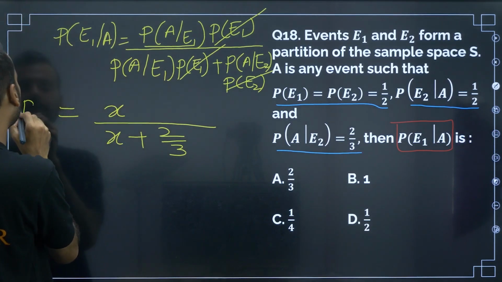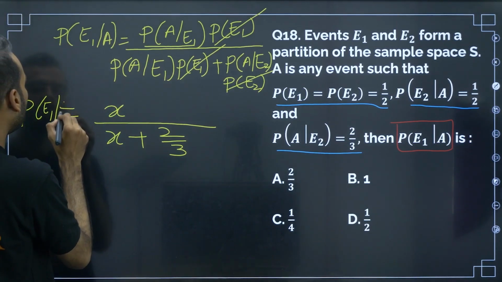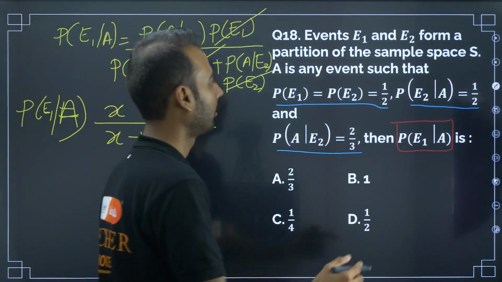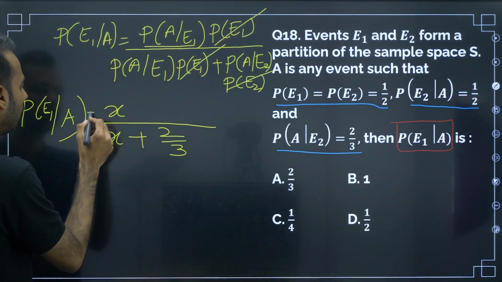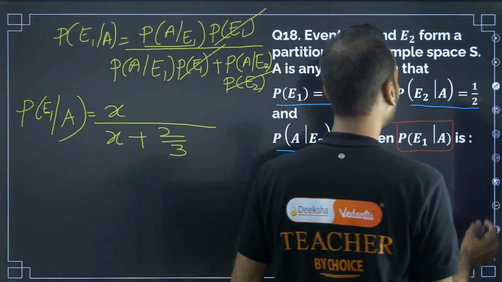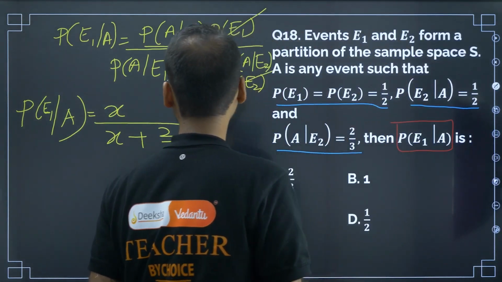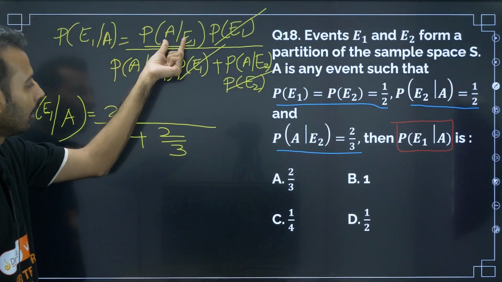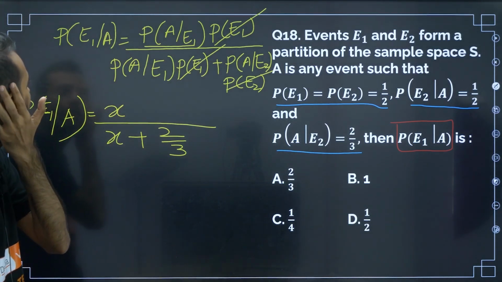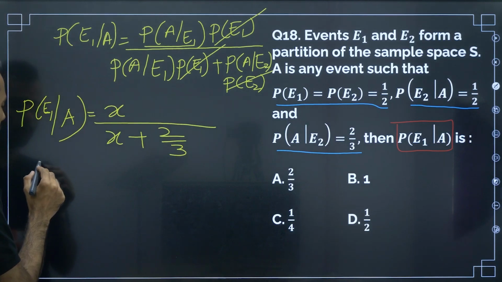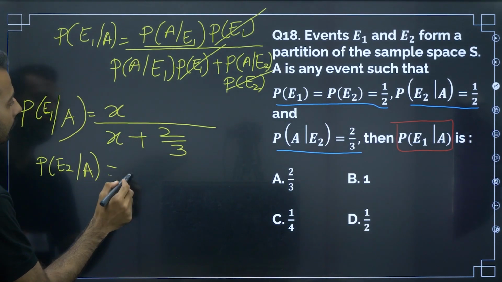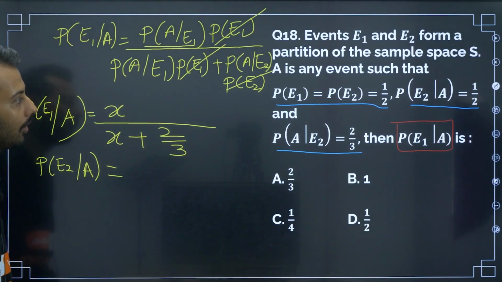Now we are supposed to find this E1 given A. This we are supposed to find. X is equal to X divided by X plus. Now what is that we are supposed to find here? A given E1 we have to find. So for this let me write one more formula using Bayes theorem.